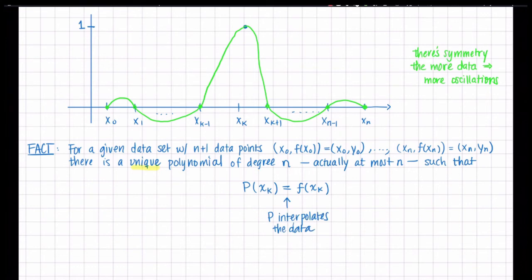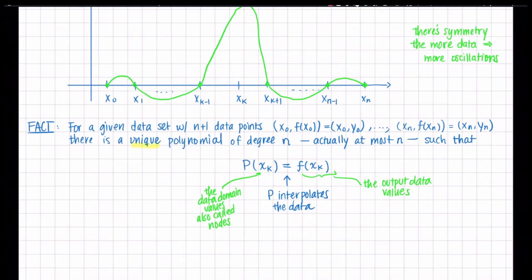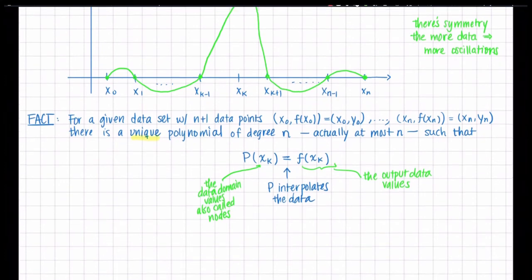Just a quick bit of terminology: the data domain values, the xk, are also called nodes. F of xk, the output data values, are sometimes just called data, and the domain values are called the nodes.